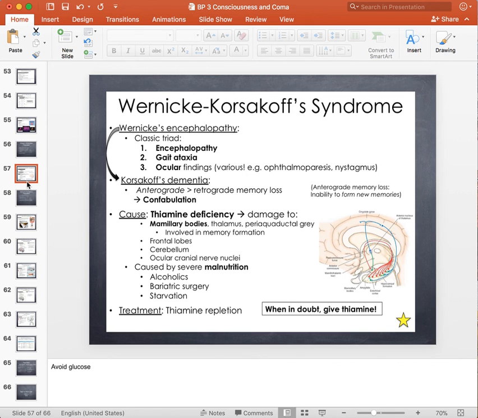And this is caused by thiamine deficiency. Classically we think of it in alcoholics. Not only are they prone to not getting enough thiamine in their diet, but alcohol seems to actually inhibit absorption of thiamine. But any kind of really low nutrition state can cause this.